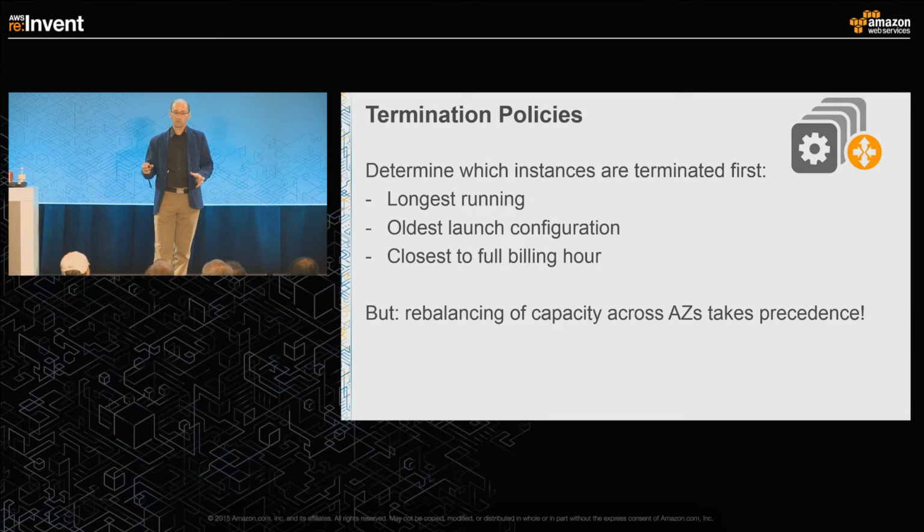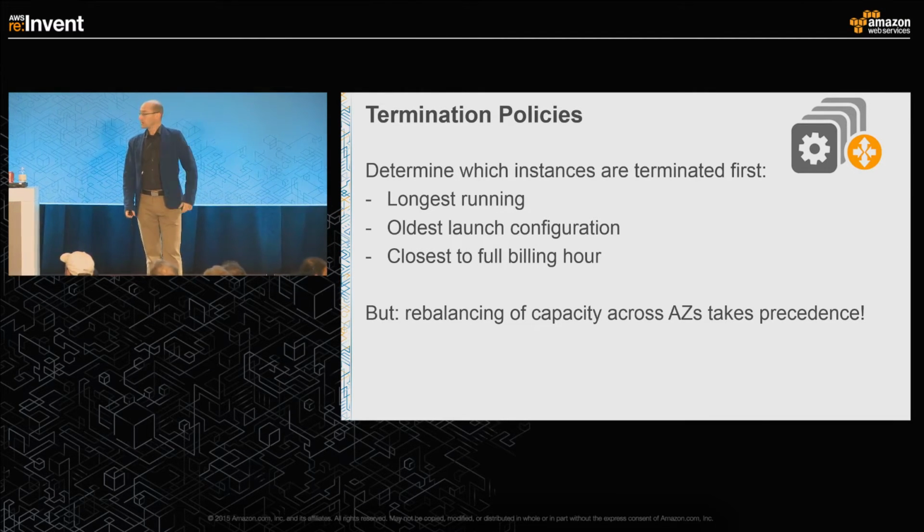So in our example, it was perfectly balanced. We had 2 AZs with 3 machines each. So that's fine. It could take a machine from either of those 2 AZs, right? And once it has figured out which AZ it should reduce the capacity in first, it will consult the termination policy that you've configured to decide which instance to pick.